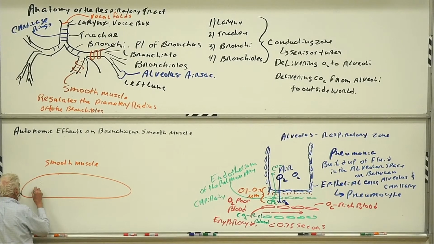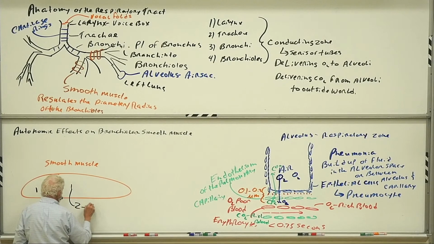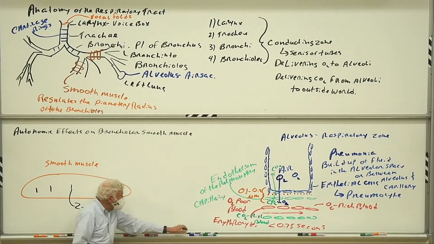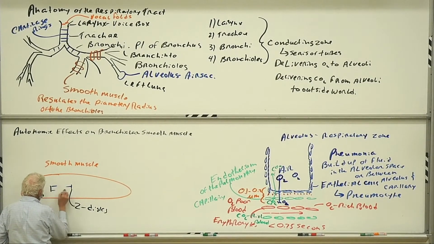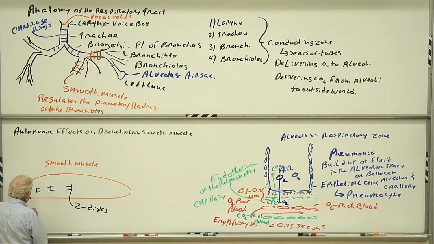There's some subtle differences, but there are in fact Z lines or Z discs. And attached to the Z discs will be actin thin filaments. And between those actin thin filaments, again, will be a myosin thick filament.